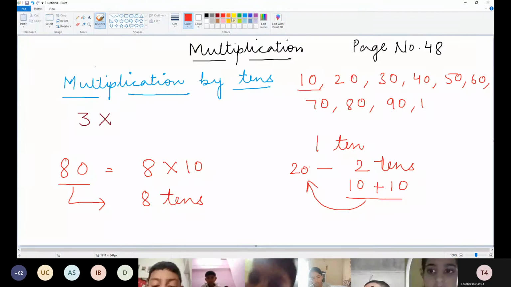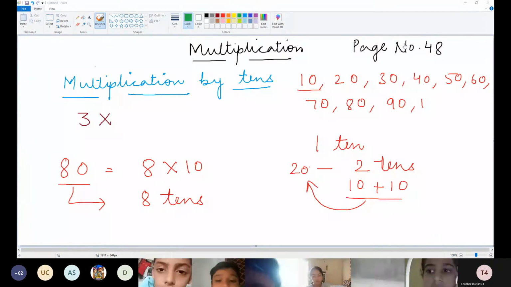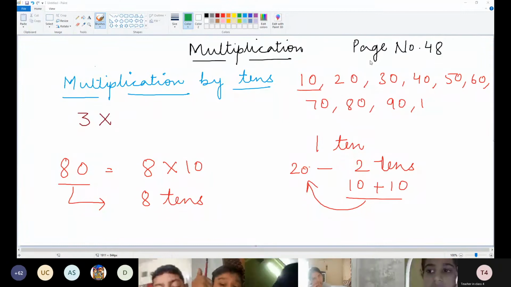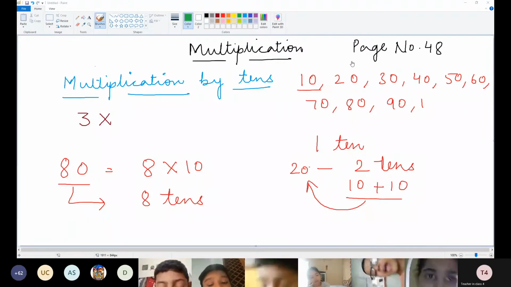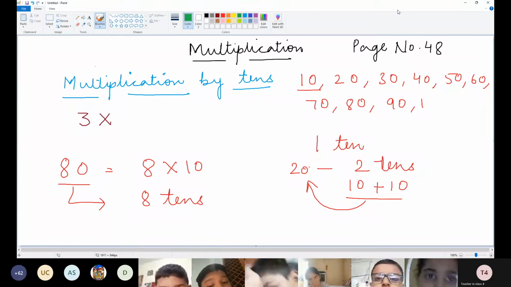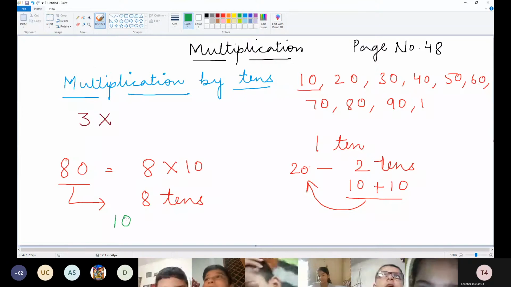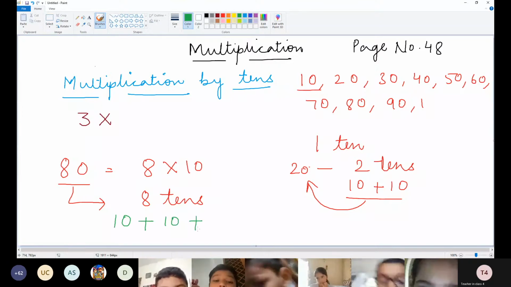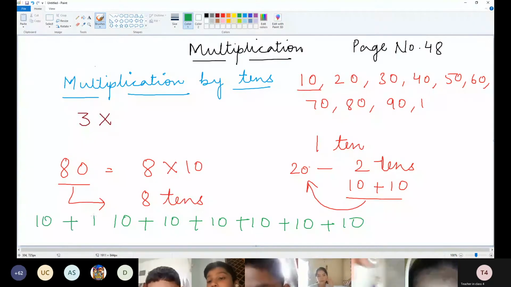Now see, children. Okay, let me disable your mic. That will be fine. So students, see. Now count how many tens I am writing on the screen. 1 10, 2, 3, 4, 5, 6, 7 and 8.